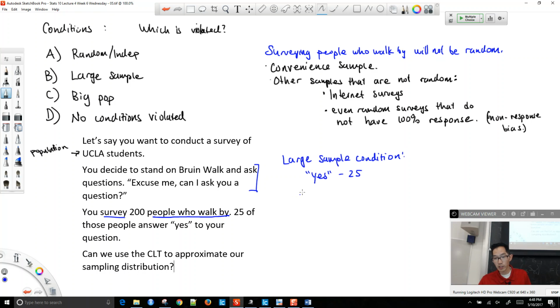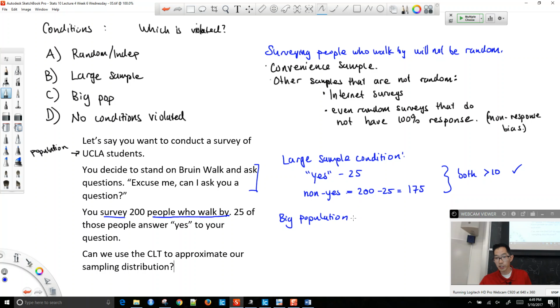The non-yeses, I don't know if that means a no, or maybe there was a maybe option, will be 200 minus 25, which is 175. These are both greater than 10, so we're good there.